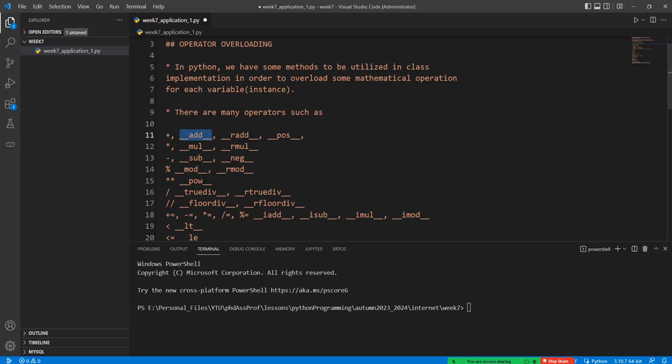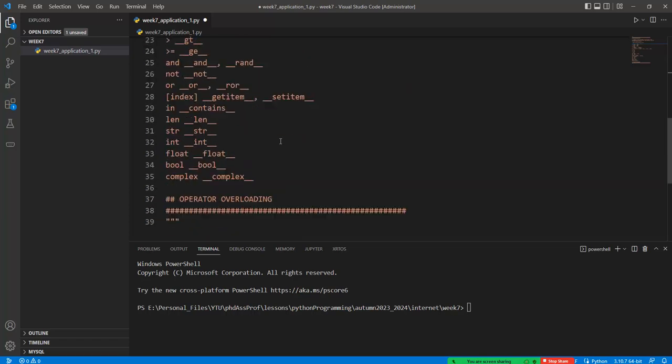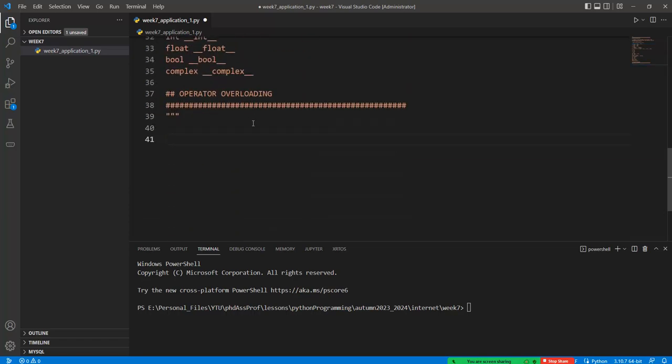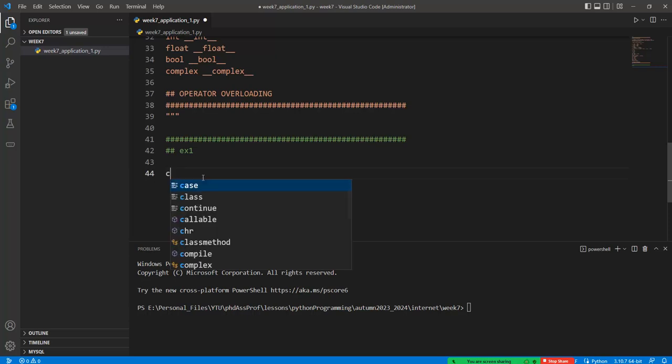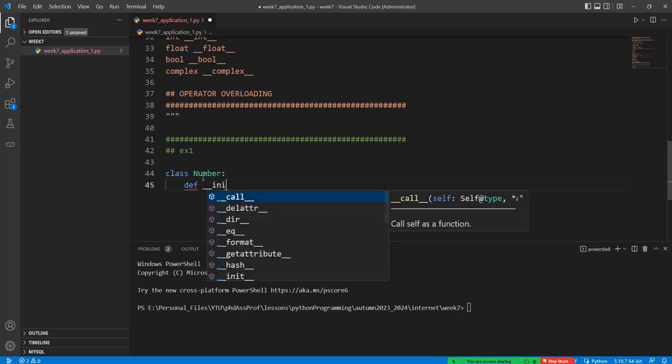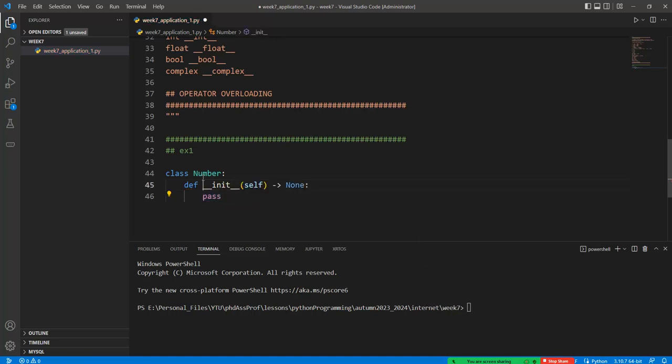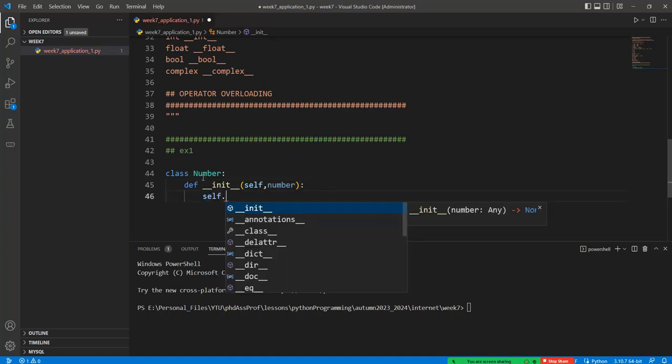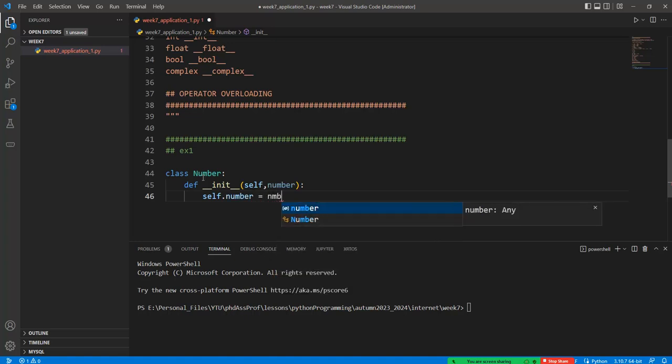Okay. But how can we implement this structure? Firstly, we can create some class like this one, the class Numbers. We can give the init function body like this one, and give the argument number in here, and self.number can be assigned with the number.